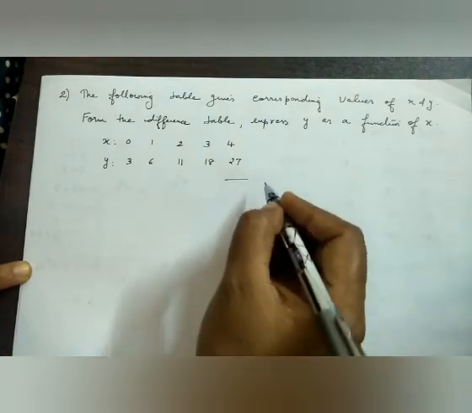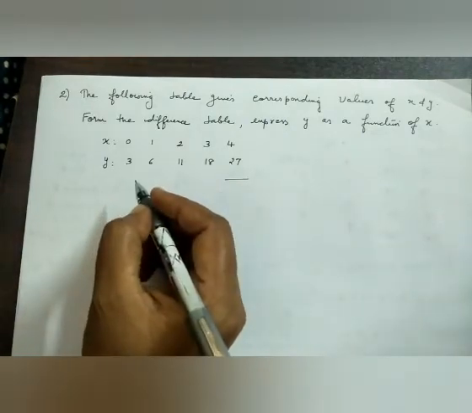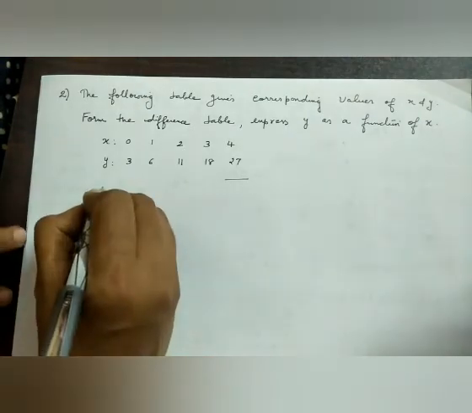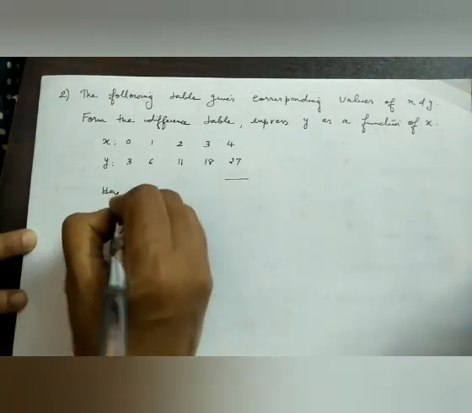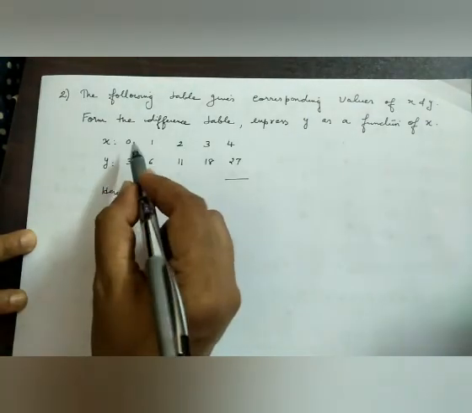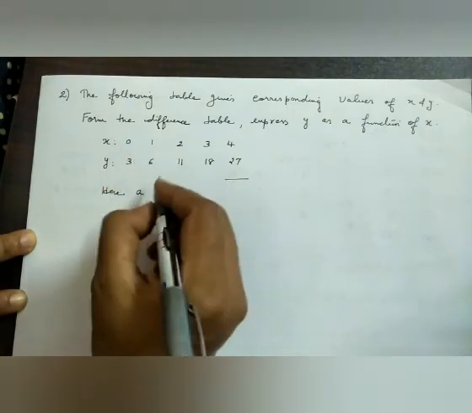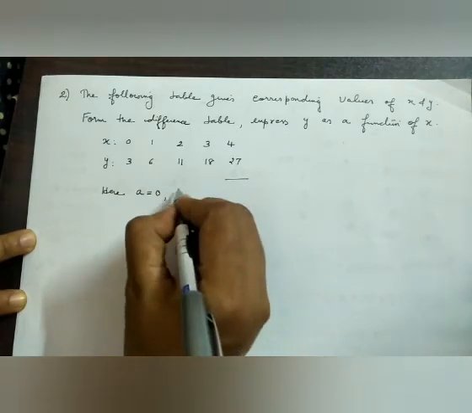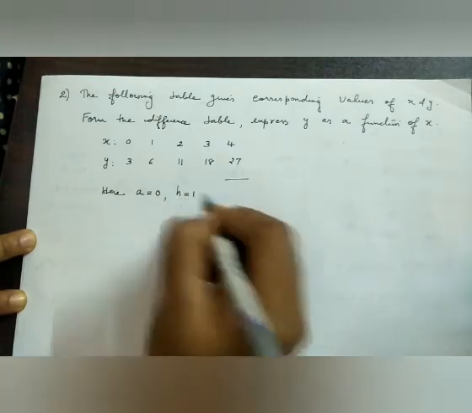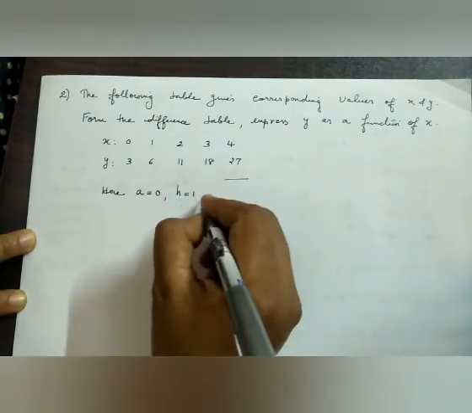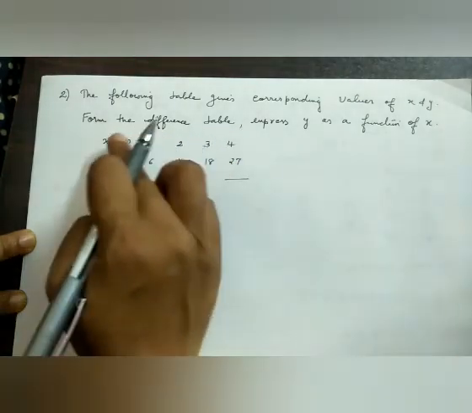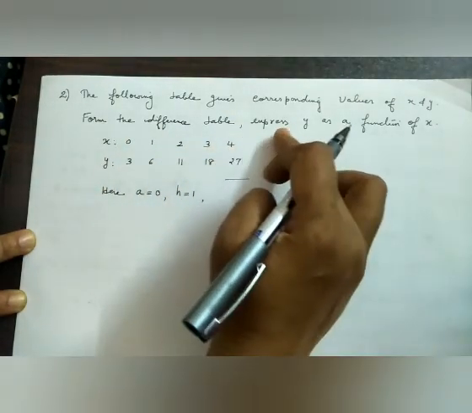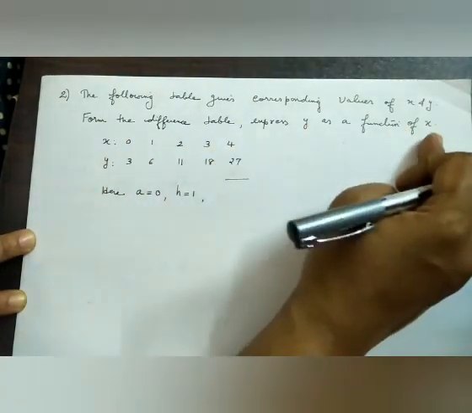Now, here first of all, I am going to write the values of a. The value of a is equal to 0. And here the interval of differencing h is equal to 1. Here we want to find out, first of all, form the difference table, then express y as a function of x.